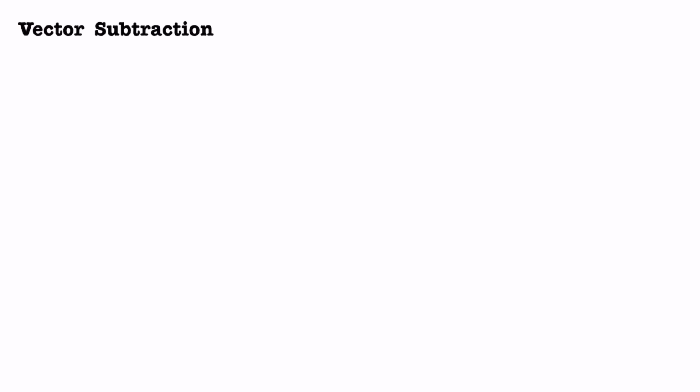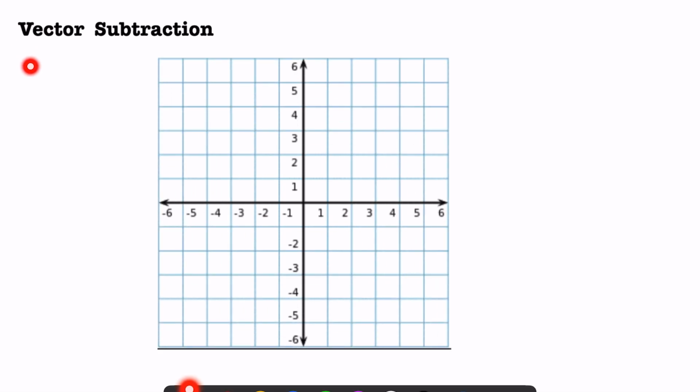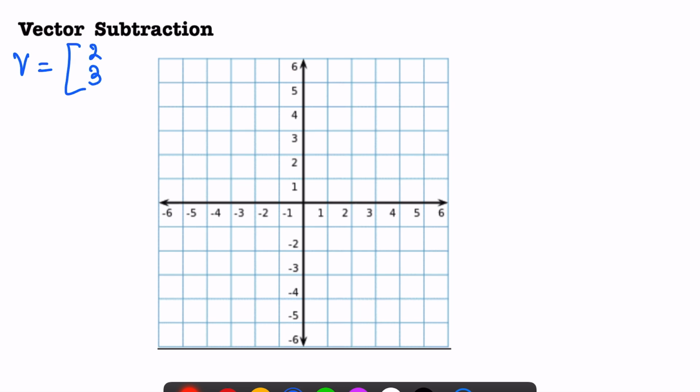Now as vector addition is allowed, vector subtraction also should be allowed. Let's see why. Consider one vector we have, that is v is 4, 3, and we want to subtract w from v, where w is 2, -1.